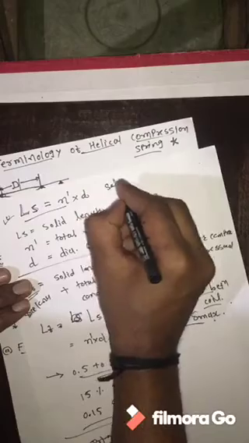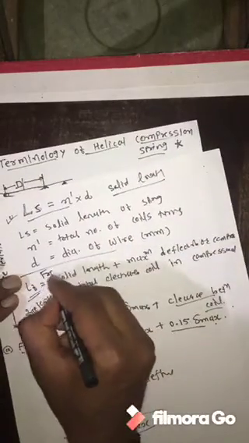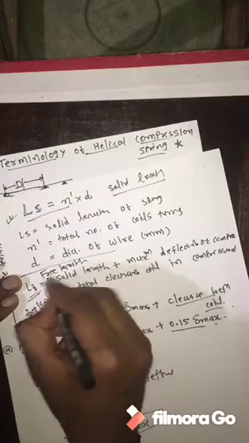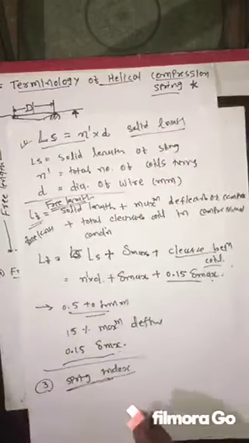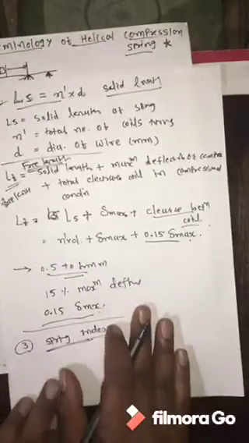This one is first the solid length, second one is the free length, and third one is the spring index. What is spring index?